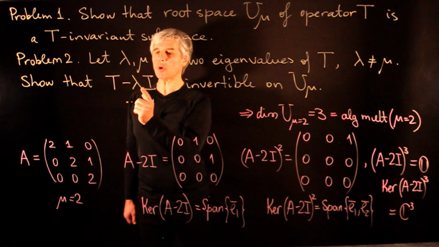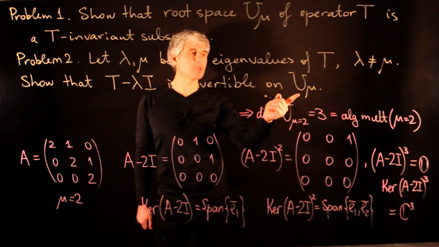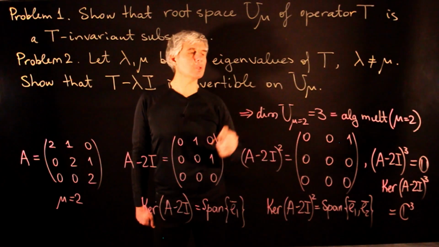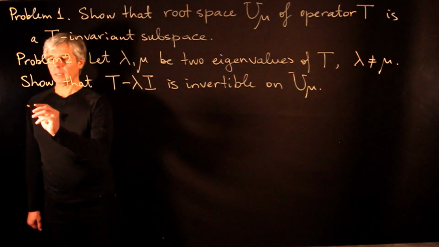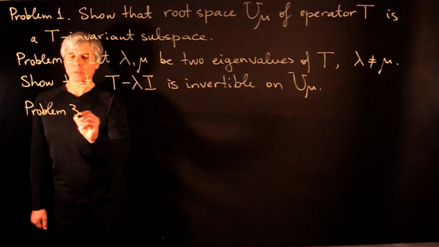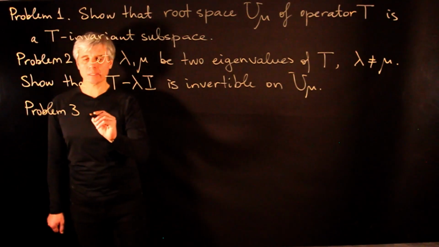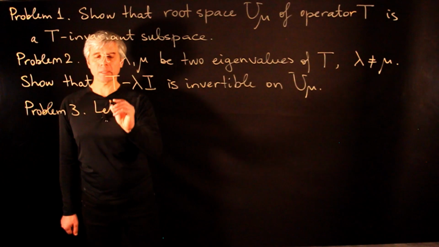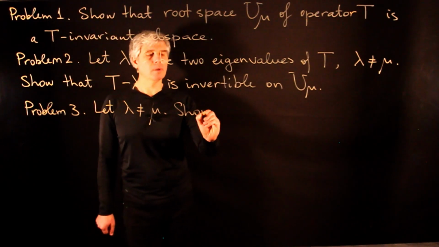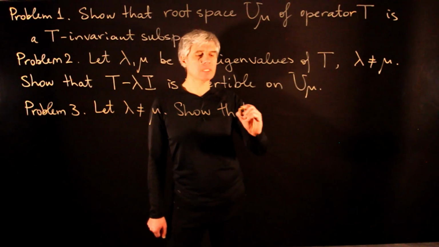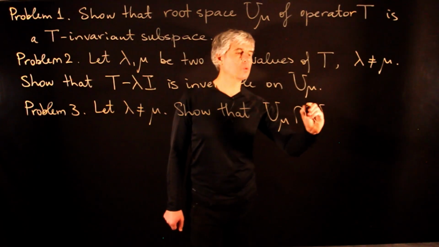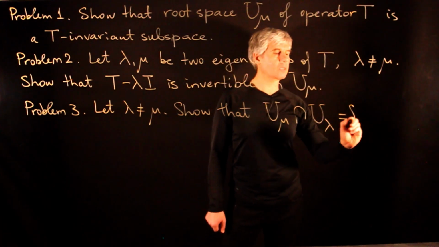So the claim of this problem is that restricted to the subspace u mu, T minus lambda I will become an invertible operator. And problem 3. In the same settings as in problem 2, so let lambda be different from mu, show that the intersection of u mu with u lambda is the zero vector.